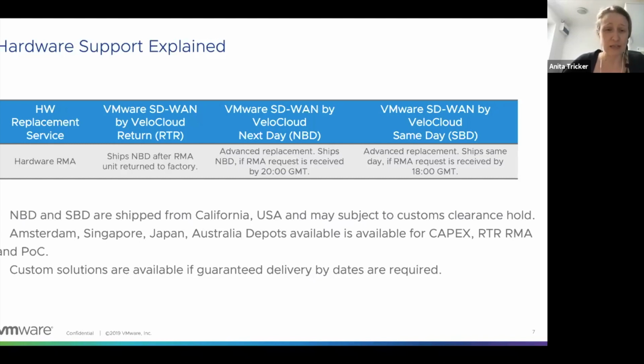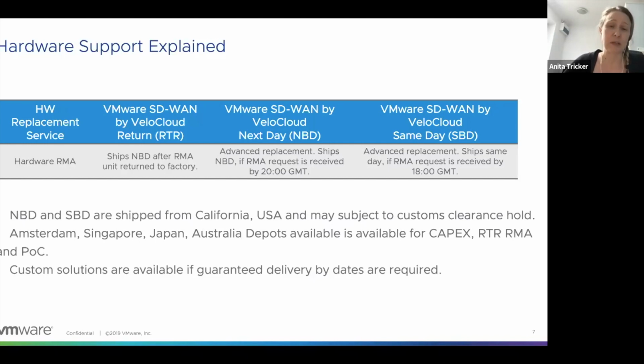More often than not, we find this isn't a sufficient level of support for our customers. So we really do see most of our customers either buying some next business day support, or they might buy the same business day support. Just to be clear, when we're talking about next business day and same business day, we're not talking about when the box will be received on site, but rather when we will ship it after the ticket has been opened.